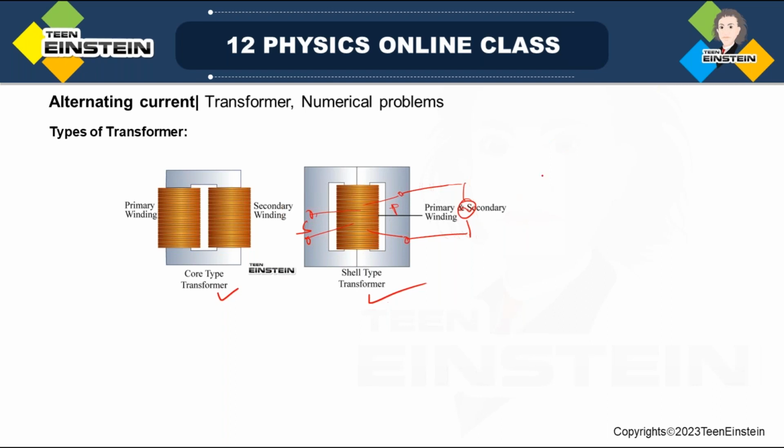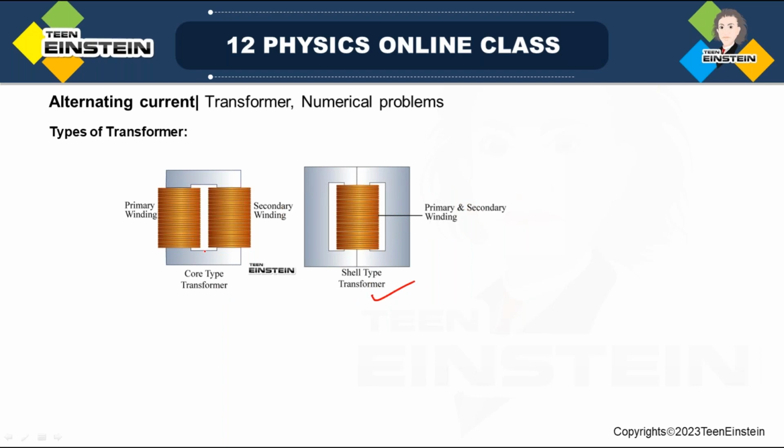So when the secondary coils are wound over the primary coil, that means the windings are given over the same arm, then it is called shell type.